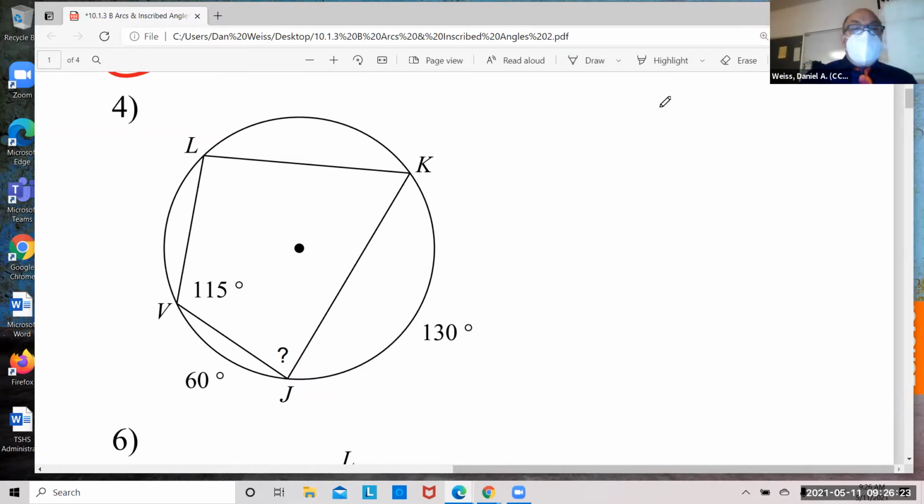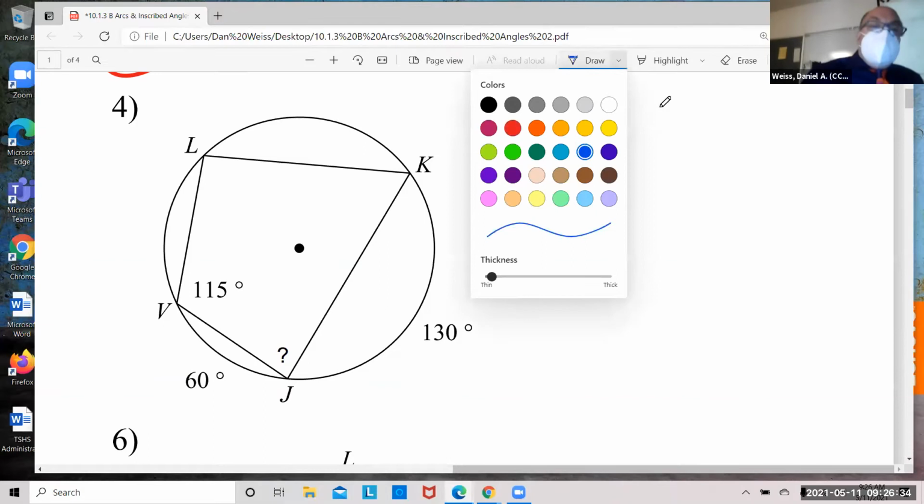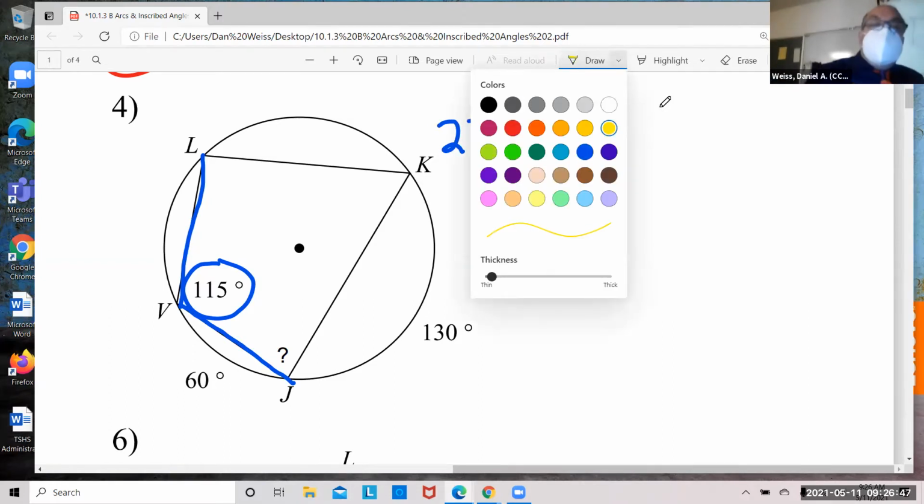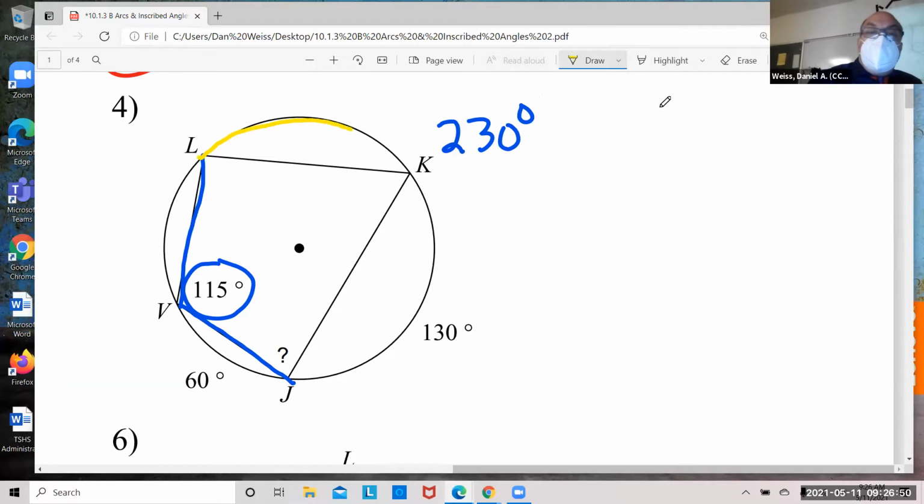So one step at a time, one step at a time. Okay. If this here is 115 and I double 115, doesn't that give me 230 degrees? 230 degrees goes from here all the way to here, okay?